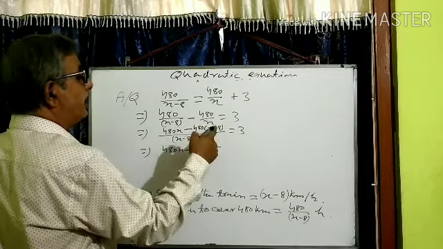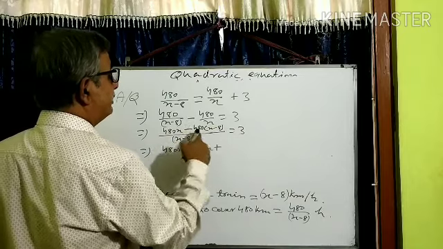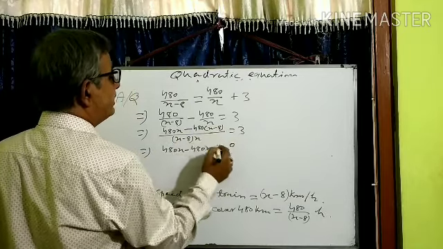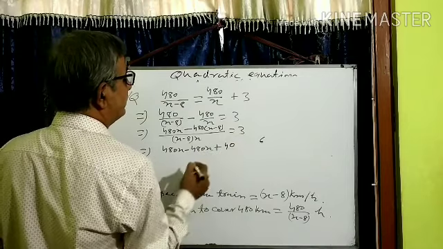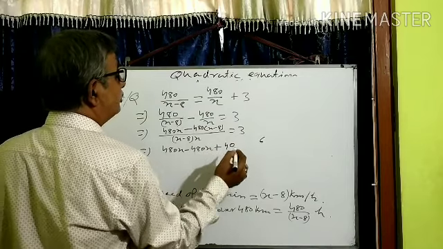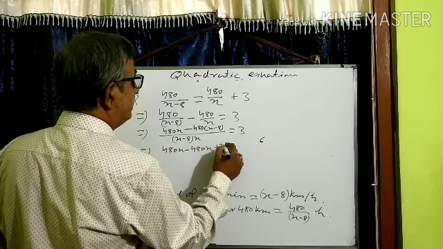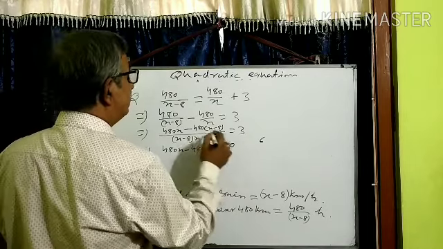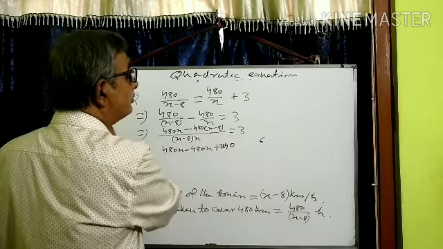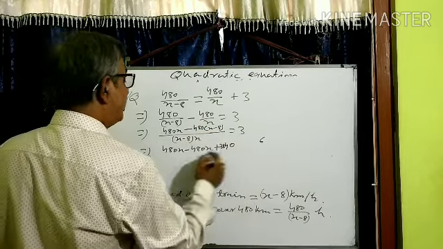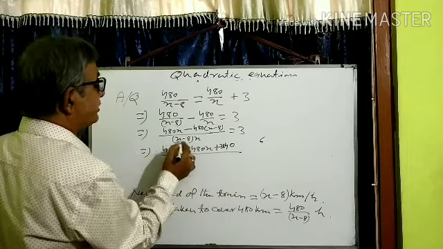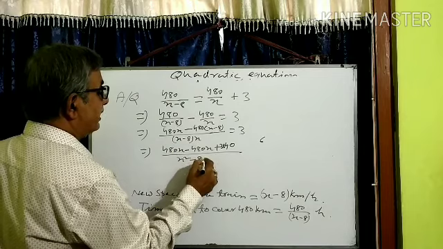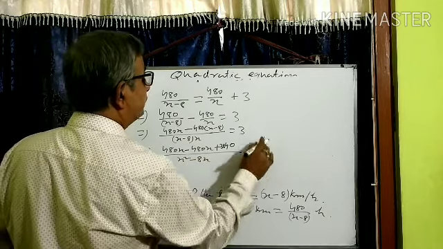Now you multiply 480 by 8: 8 into 0 is 0, 8 times 8 is 64, 8 times 4 is 32 and 6 is 38, so 3840. Below it will be x into x, x square, minus 8x, that is equal to 3.